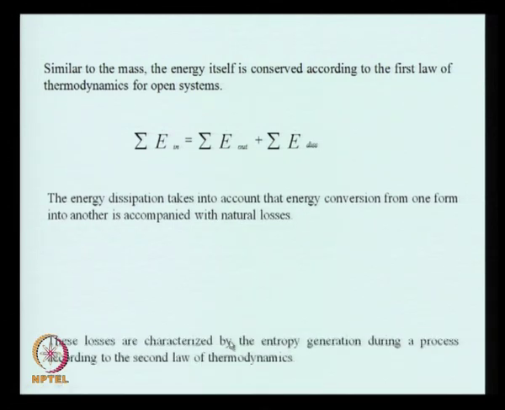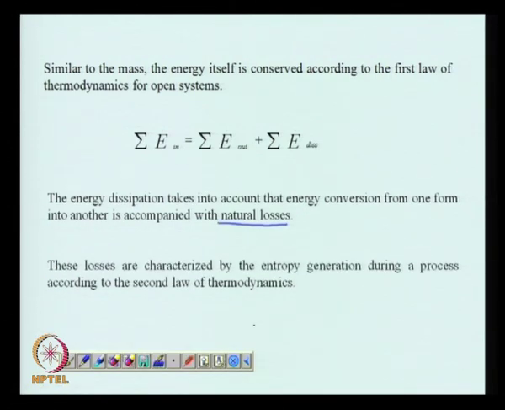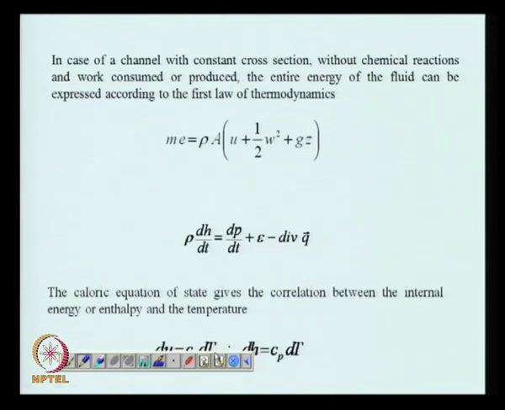So, that is something one has to look at. These losses are characterized by entropy generation, and the more the entropy generation, the less efficient the process would be, and one has to design the devices in such a way that the entropy generation would be kept to a minimum.